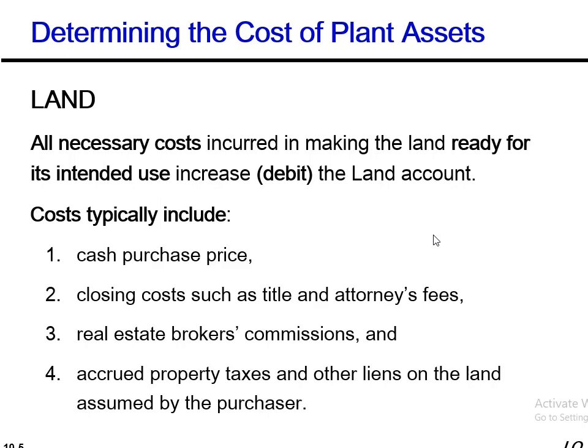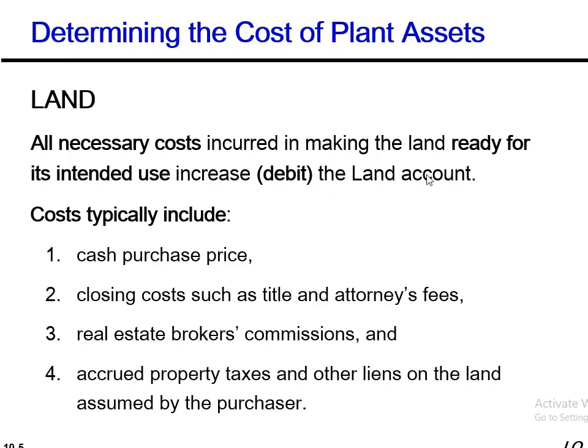So you're going to add all of them. More costs are going to be added to the land account. They will increase the land cost. Land is an asset, and when an asset increases, we debit it. So that's why we wrote here: intended use, increase or debit the land account.